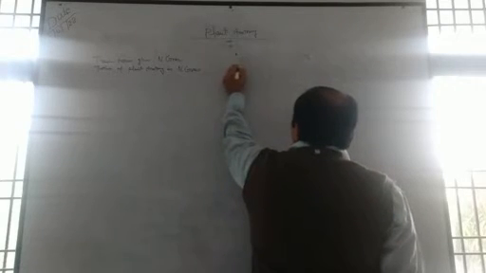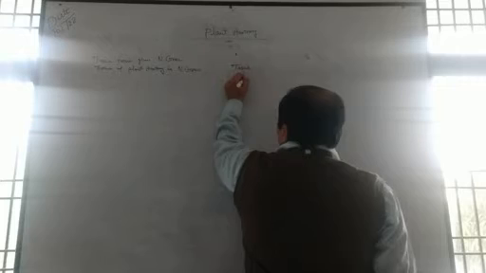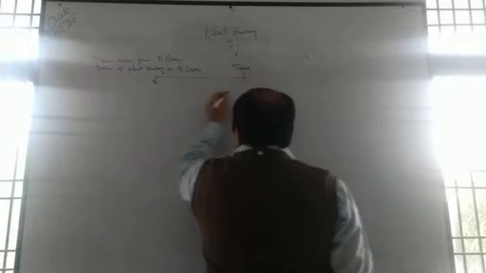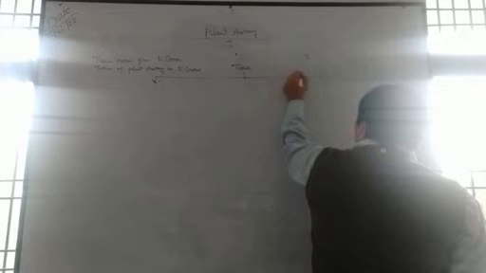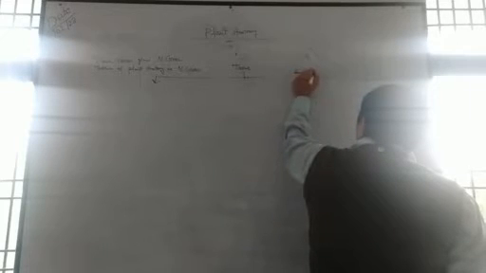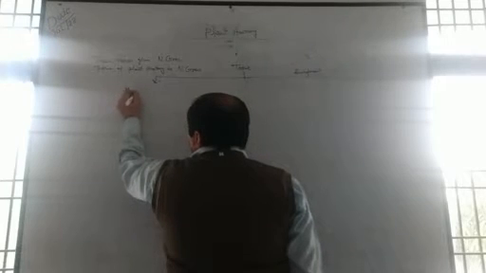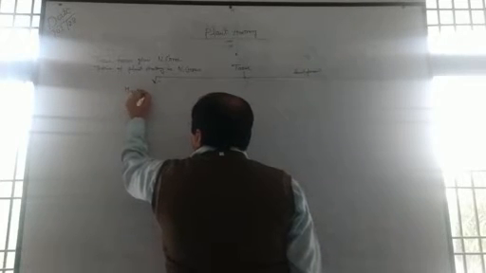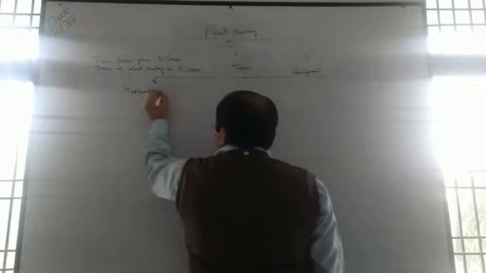Tissue is divided into two types on the basis of development. Number one is meristematic tissue, and number two is permanent tissue.